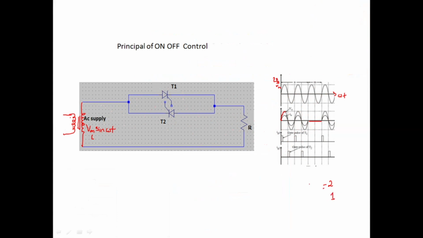Okay, the number of cycles we pass the voltage to the load, from here onwards I will call n. The number of cycles we have blocked the supply to the load I will call m. Here m is 1, n is 2. What is total m plus n? m plus n is 3.